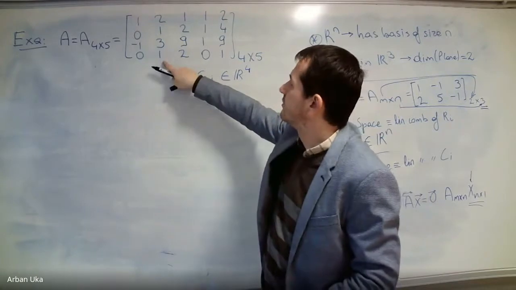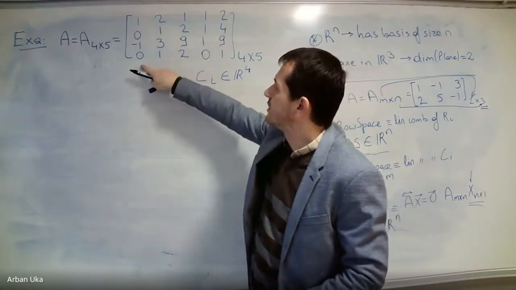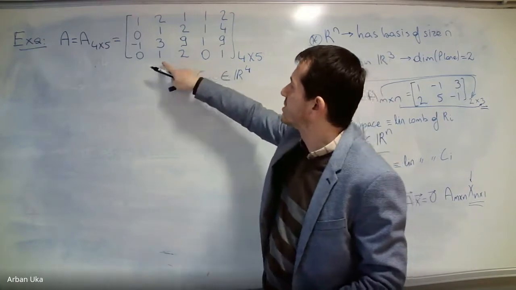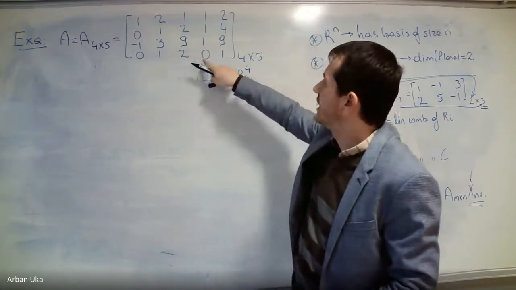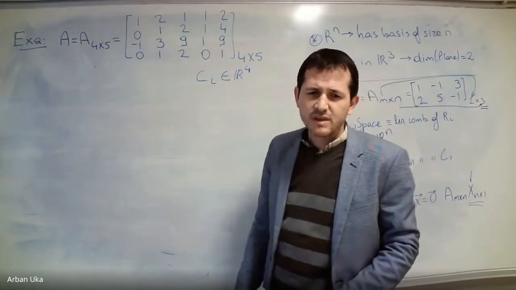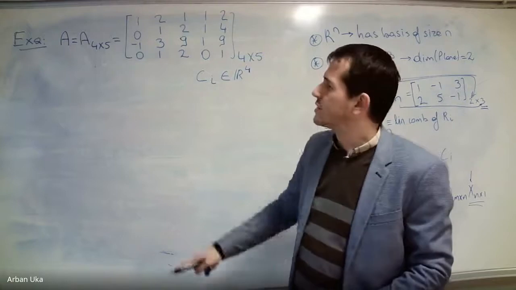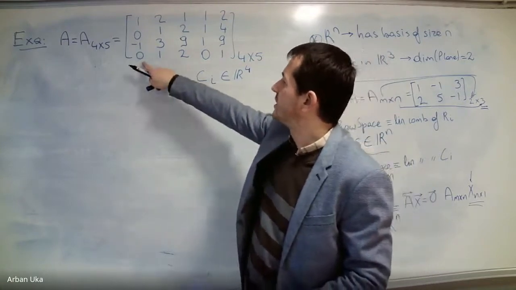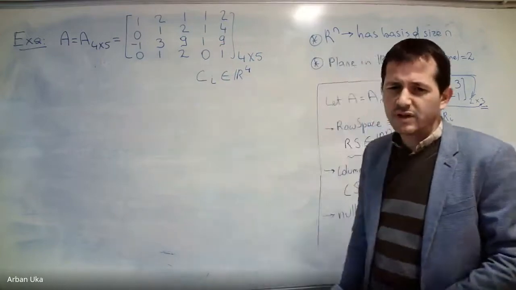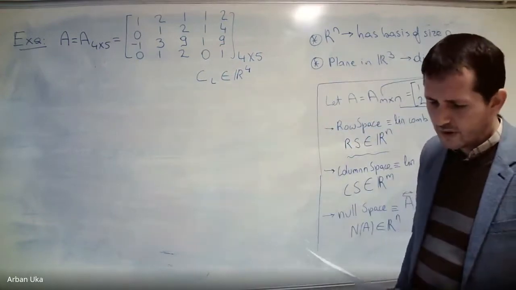If the second column is the first column times a constant number, and the third column is the first column times a constant number, then the dimension of the column space is going to be simply 1, because we have only one linearly independent column and the rest are multiples of the first column. Similarly, it can be 2, or 3.